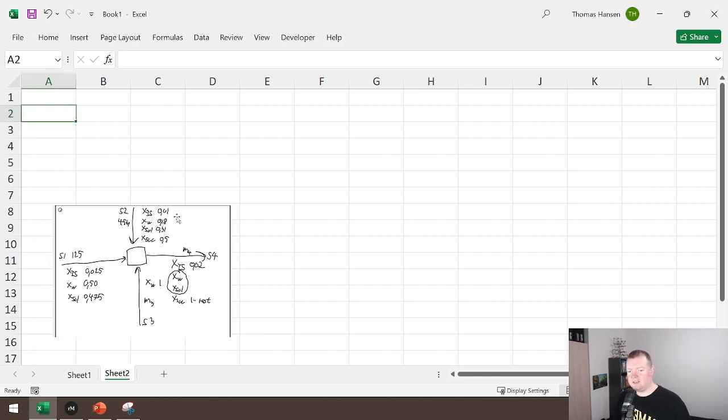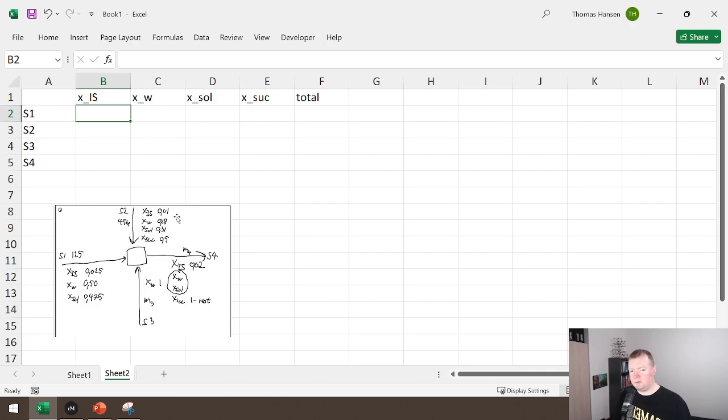So in this case, I have 4 streams: stream 1, 2, 3, 4. I have 4 different components. I have my IS, I have my water, I have my solids, and I have my sucrose, and I have a total mass.